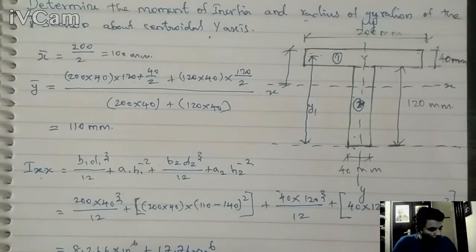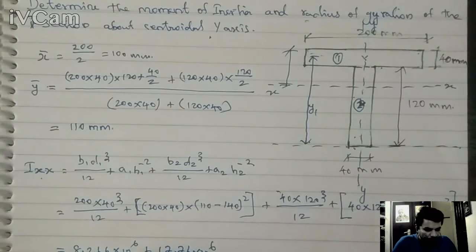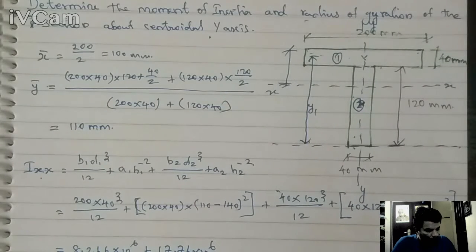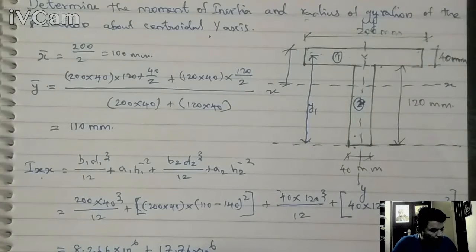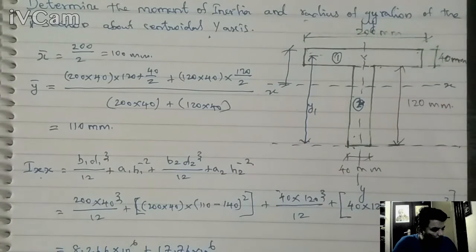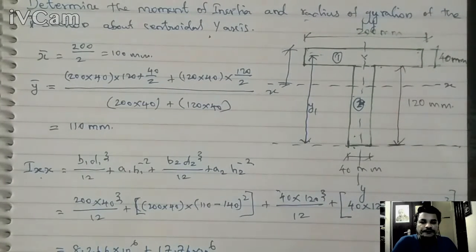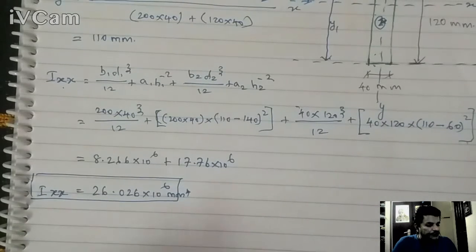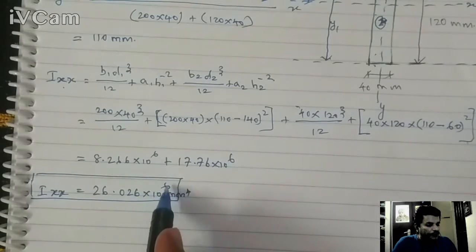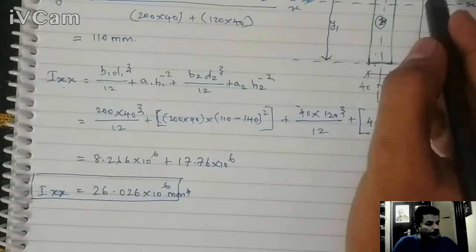So sum these two values, Ixx is equal to 26.026 into 10 power 6. So this is mm power 4. Unit is important. Please mention the unit. So Ixx equal to 26.026 into 10 power 6 mm power 4. All the units are in mm here.